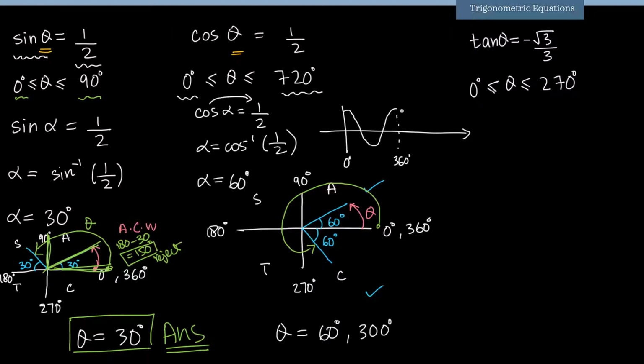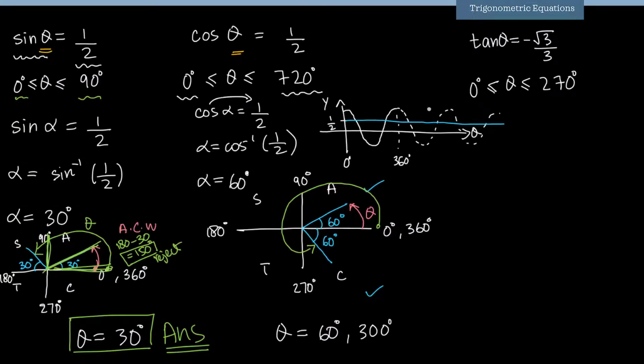And if I keep on drawing it after 360 degrees, it would look like this. This is my y-axis and this is theta. I need to measure angles from 0 degrees up to 720 degrees. And here I have the value of 1 upon 2. So 1 upon 2 is going to be somewhere over here. And I need to find the corresponding values of theta that give me the value of 1 upon 2.